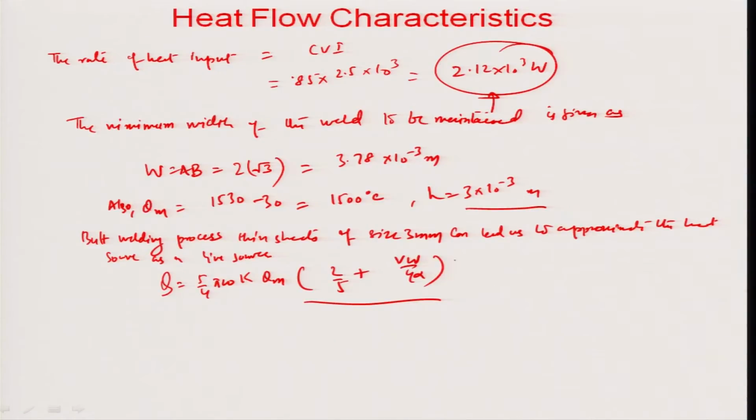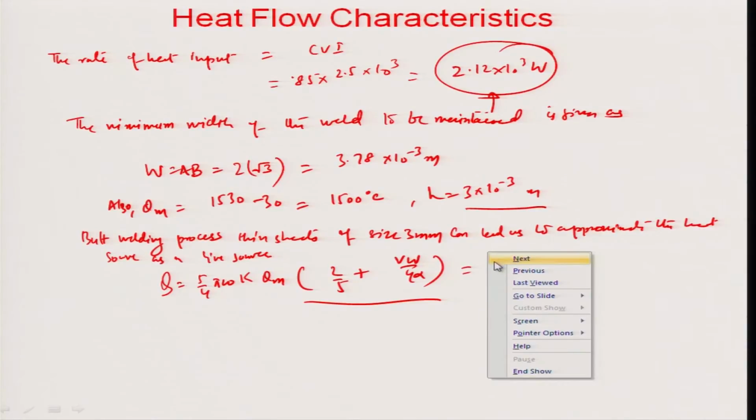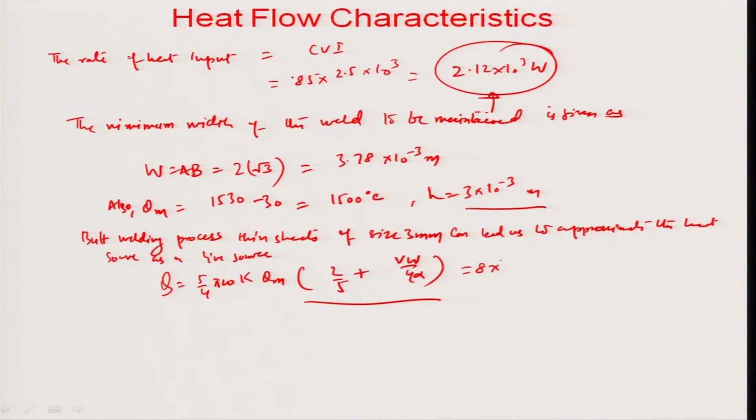So, by calculating, Q becomes equal to 8 times of 43.6 times of 1500 times of 3 10 to the power of minus 3 times of 0.2 plus V w by 4 alpha, and Q exactly is CVI, which has been calculated earlier as 2.12 10 to the power of 3 watts.